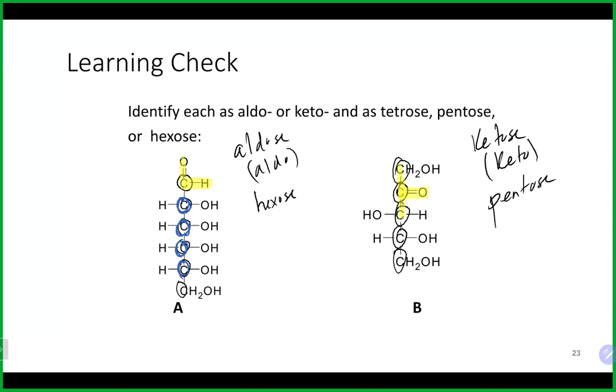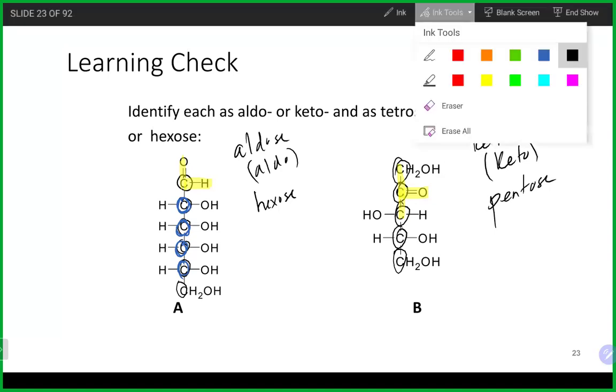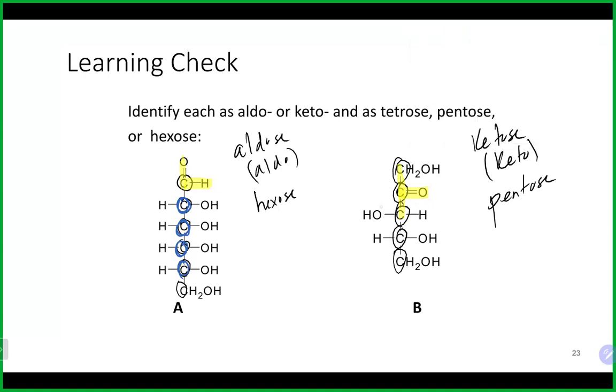And in this particular case, we have 2 chiral carbons, right there and right about there. Both would be D in this case, as our farthest chiral carbon has the OH group on the right. Any questions on those identifications?